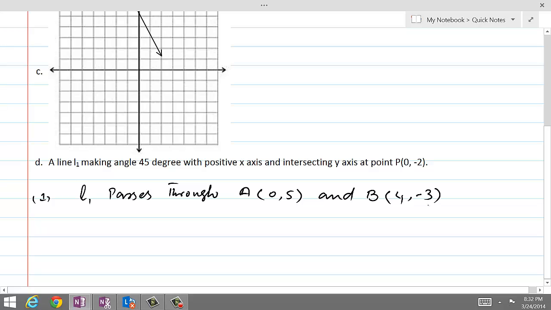For this, we need two things. We need to find out the slope and we need to find out the y-intercept.